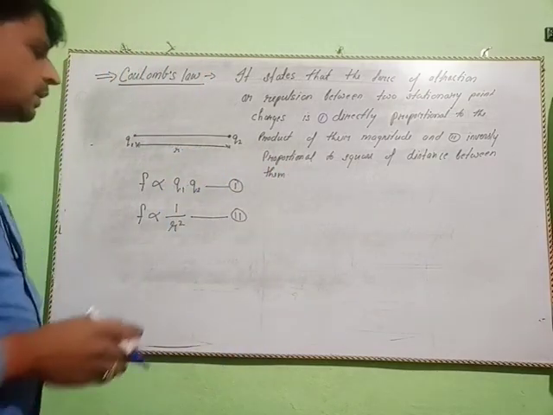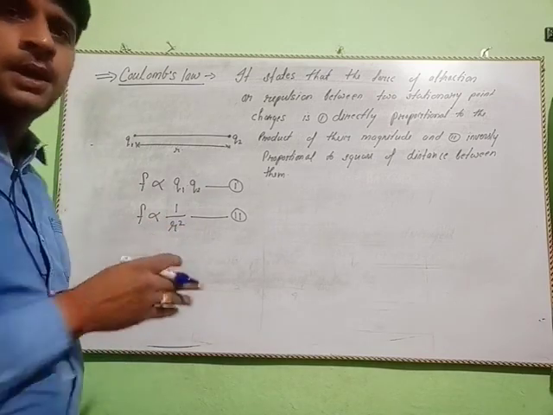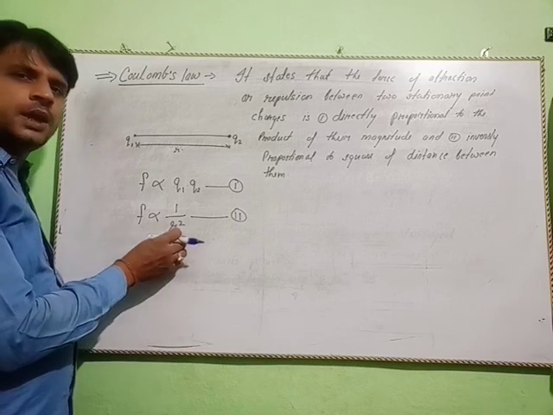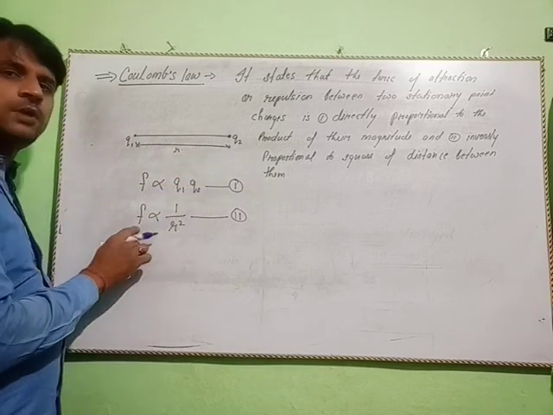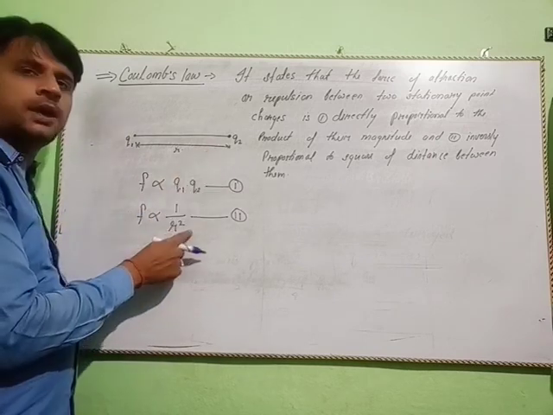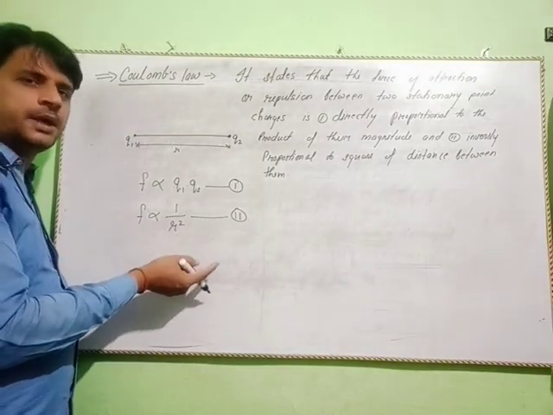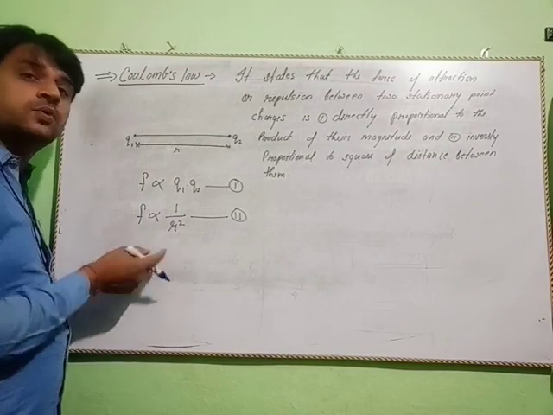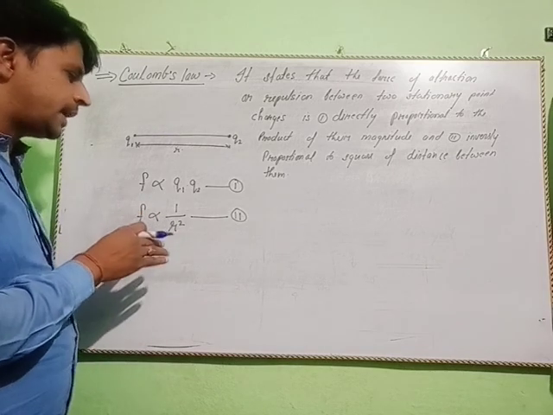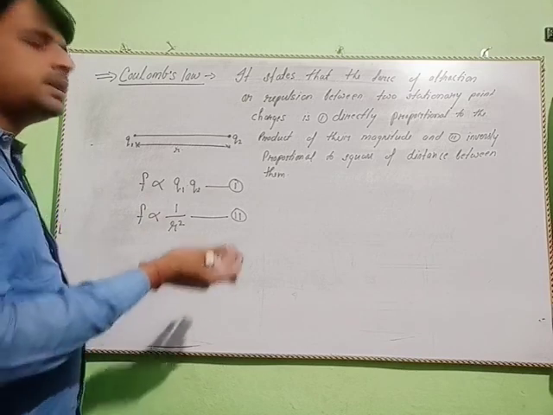This is a very favorite topic of boards, and from the point of view of competitive level it is also an important topic. Since the force is inversely proportional to distance, if we increase the distance 2 times, then the force will decrease by a factor of 4 times, since 2 squared is 4. If the distance increases 3 times, then 3 squared is 9, so the force decreases 9 times. So the optional questions come of this type: if the distance between the two charges is increased by twice, what will be the effect on the force?